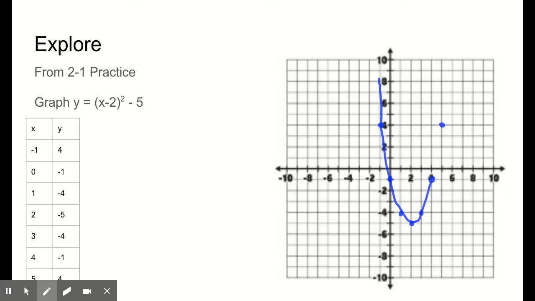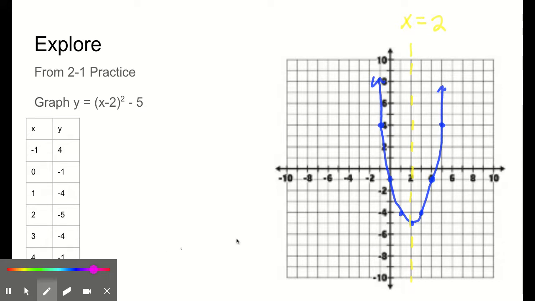So this is how your graph should have looked for number 3 in the 2-1 practice. Let me, of course, draw my axis of symmetry here. And this is x equals 2.